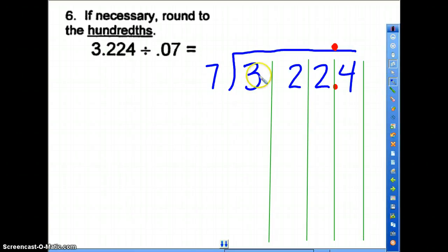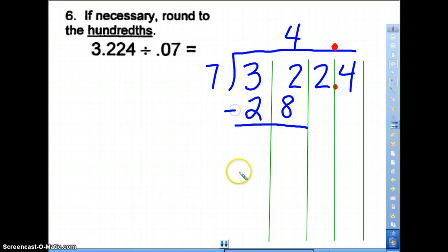Okay, so let's start dividing. 7 doesn't divide into 3. How many times does 7 go into 32? Yeah, it goes in there 4 times. See, I'm keeping everything nice and lined up. 7 times 4 is 28. Subtract. Okay, I'm going to have to borrow. All right.